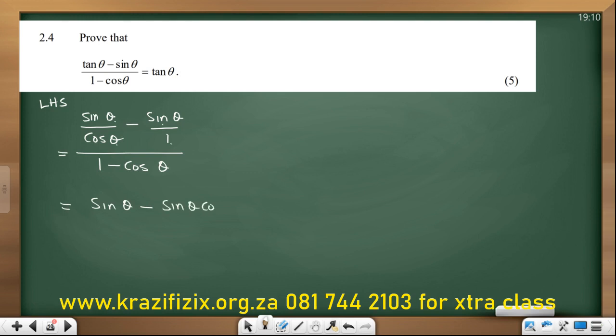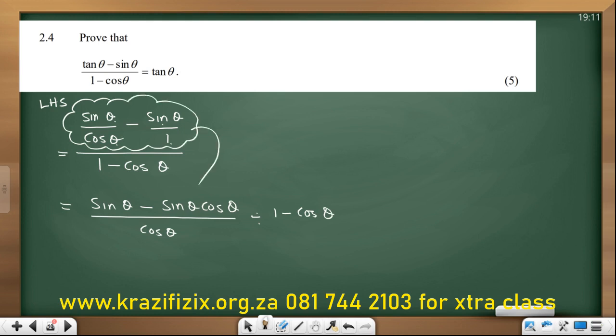Sine theta cos theta. Everything over cos theta, right? To make my life easy, I'm going to then say divided by 1 minus cos theta. I'm just rewriting it. So the entire top here is what I did by using my diagonal, and then divided by this over 1.